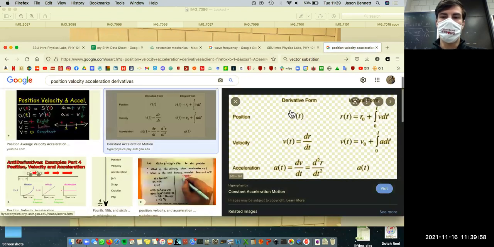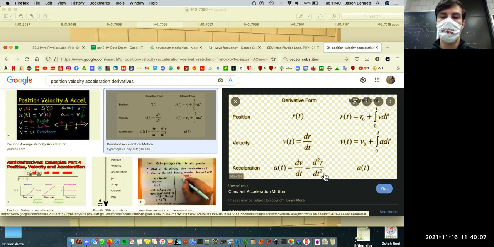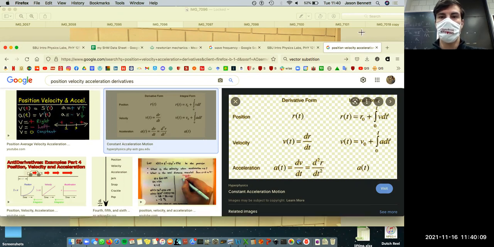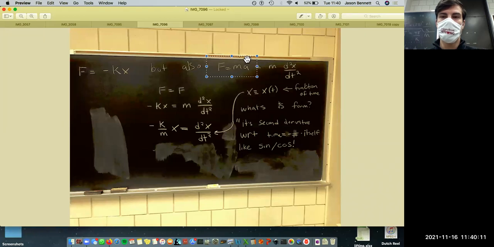If the position is x, velocity is the time derivative of that, and acceleration is two time derivatives of the position, or displacement in that case. So I'm rewriting acceleration as the second derivative of x and equating those two forces, because in equilibrium they equal each other. And I'm going to assume there's no friction in the problem.